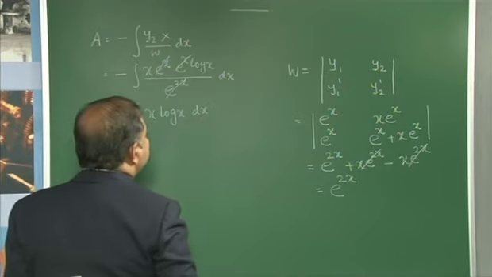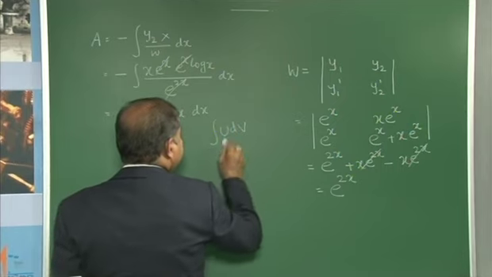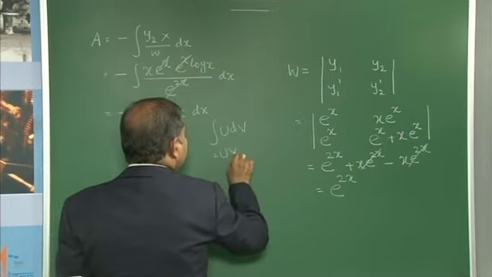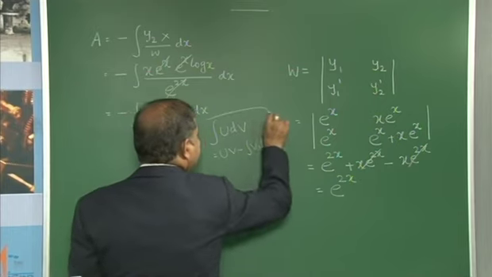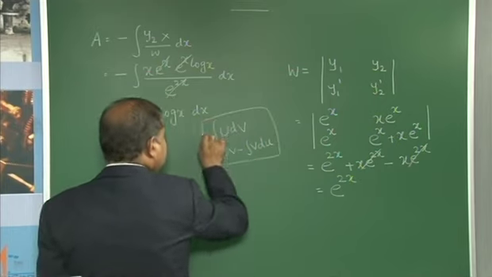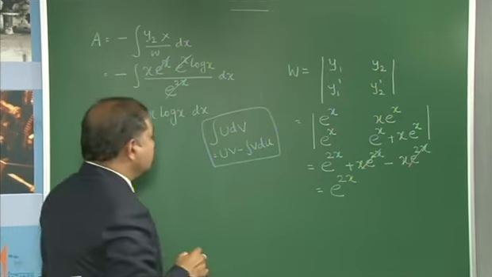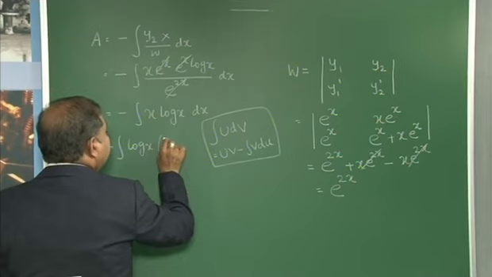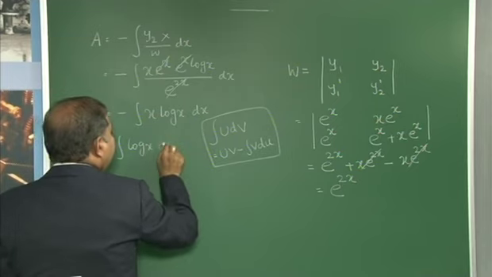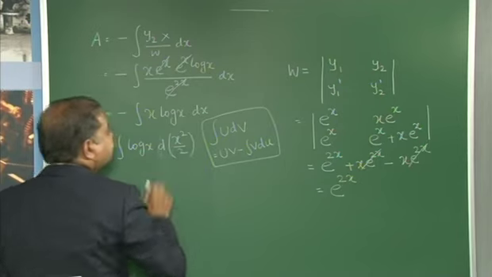Now I should use the formula integral u dv = uv − integral v du, integration by parts. When logarithmic functions are there, first you simplify the integral as log x into the differentiation of x²/2.